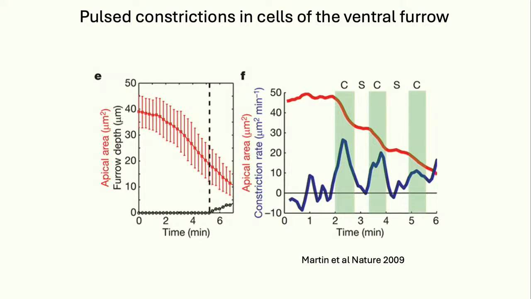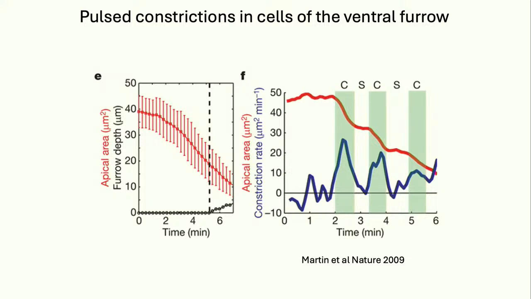And the pulses are important because the pulse in which there is high constriction is also the time at which the apical area reduces quite a bit. When the constriction pulse is no longer there, then at that point there is a stabilization of the area. So it is decreasing, but there is a phase in which these constriction pulses are coming about.